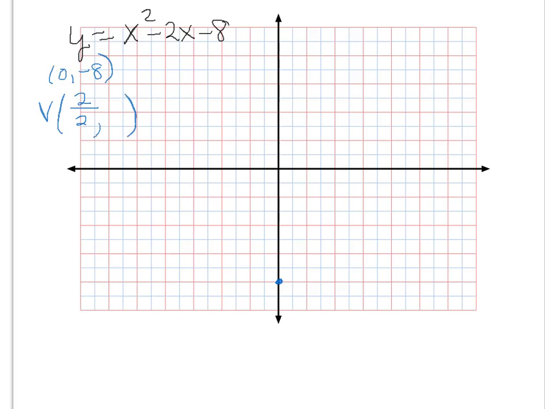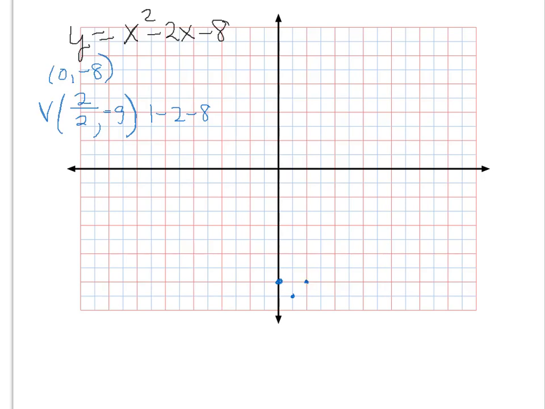When you plug in 1, you get 1 minus 2 minus 8. So you see that your vertex y value is -9. So we're going to plot 1, -9. Right there, and that should be the turnaround point, which means you should have a symmetry point at 2, -8.